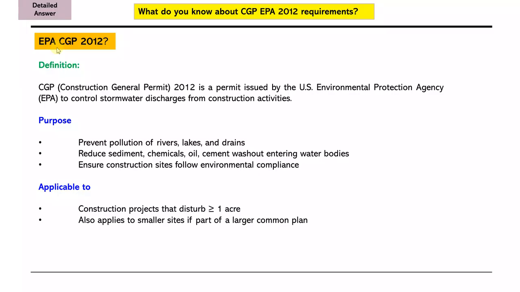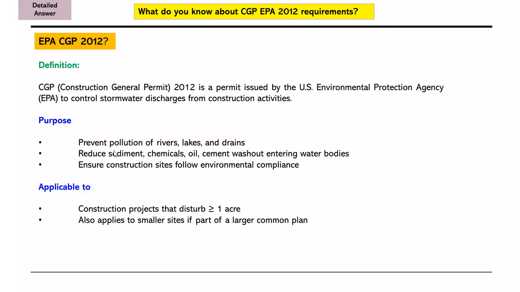So we have here the full detail of what the EPA CGP 2012 requirements actually are. First, we have the definition: CGP, Construction General Permit 2012, is a permit issued by the U.S. Environmental Protection Agency to control stormwater discharges from construction activities.